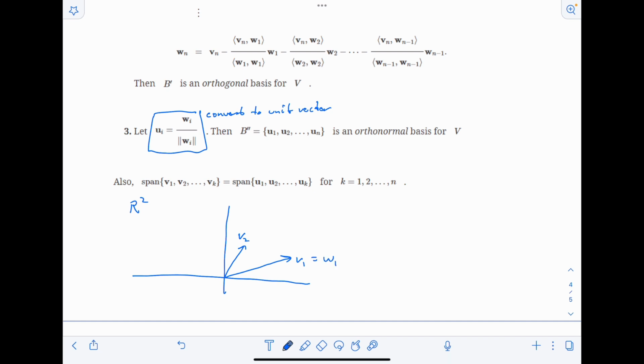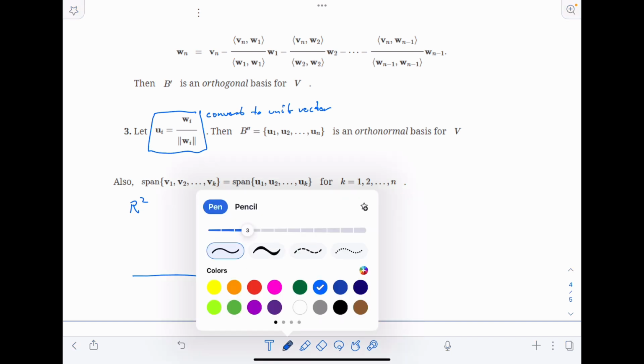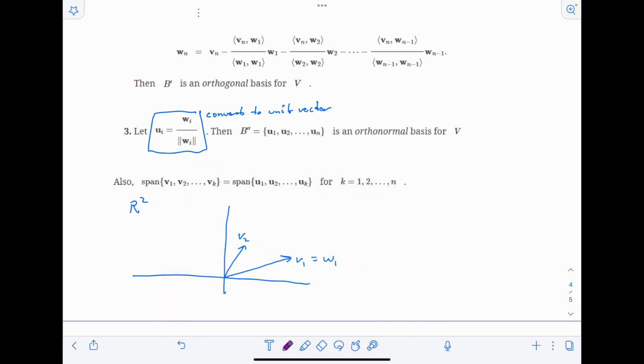From that vector, we're now going to start creating these other vectors. So I'm going to project V2 onto V1, or W1. I'm going to project this vector, and I'm going to create this, which is the projection of V2 onto V1.